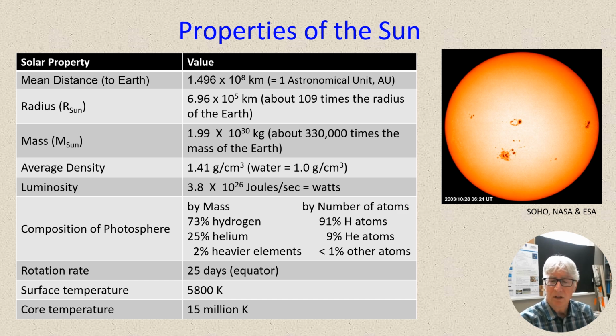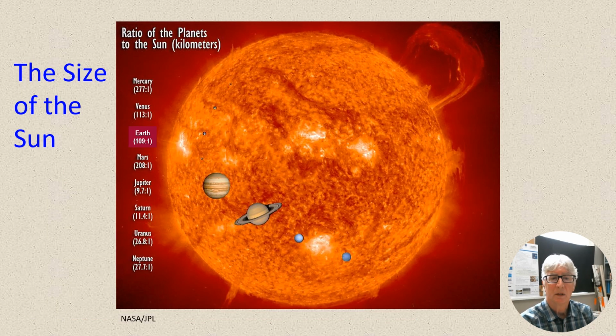Sometimes you'll also see the composition referenced by the number of atoms. So 91% hydrogen and 9% helium by the number of atoms. These two are saying the same thing, and you see a very, very small percentage of the other elements.